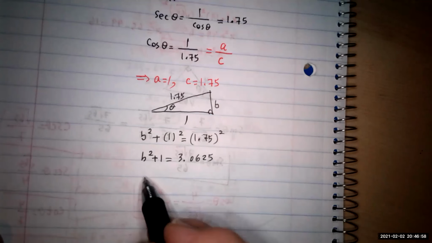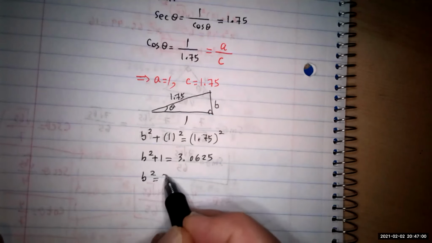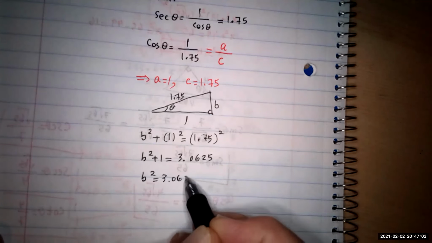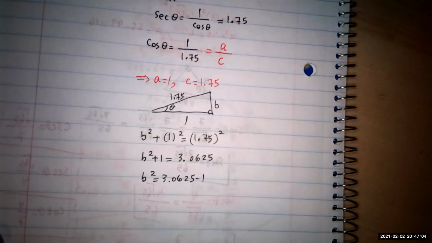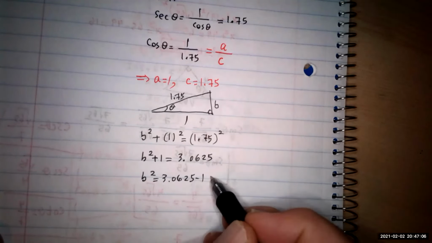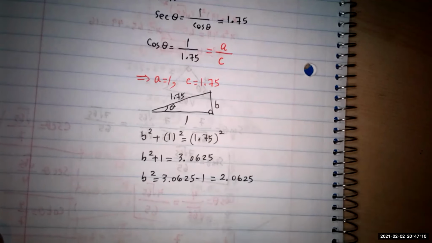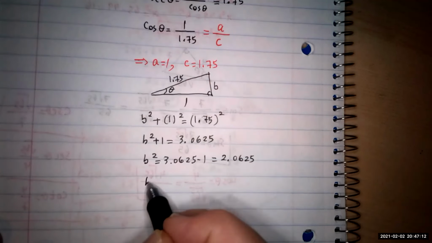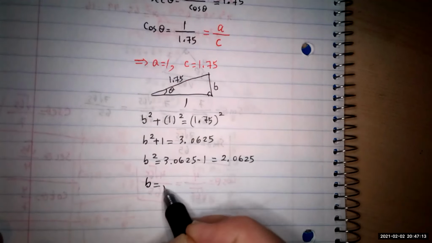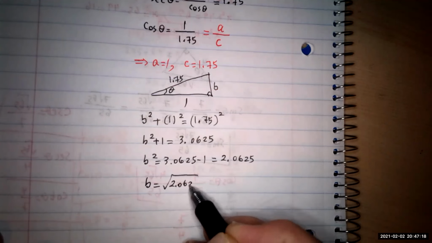So B squared is equal to 3.0625 minus 1, which is going to be 2.0625. So B is going to be equal to the square root of 2.0625.